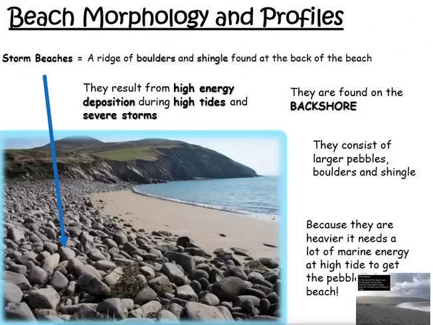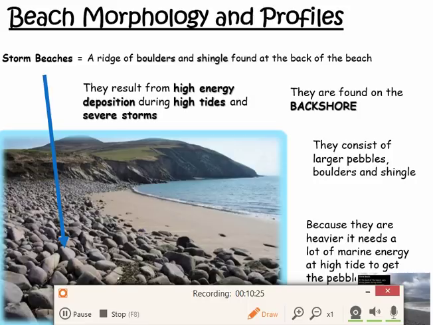Right, storm beaches at first glance look quite similar to berms, but there's a key difference. First difference is you can see the size of the pebbles or boulders or shingle. It's a lot larger. And as I mentioned previously when I showed you the different subzones in the littoral cell, it needs a lot of energy for these to form.